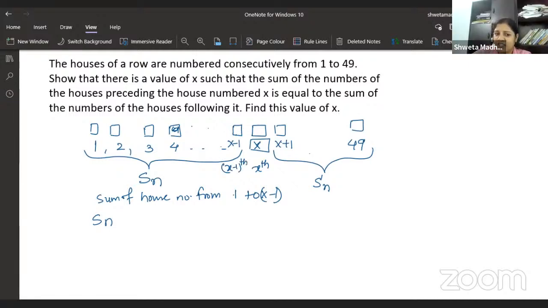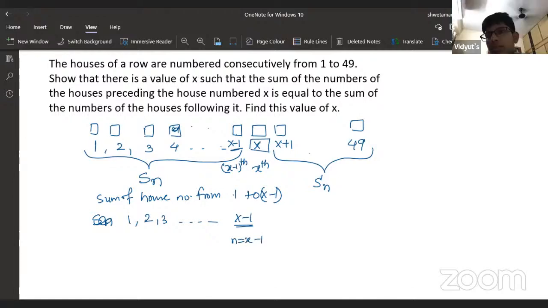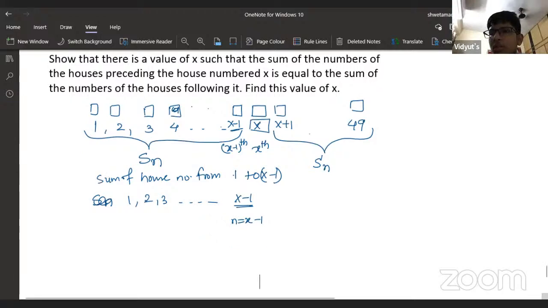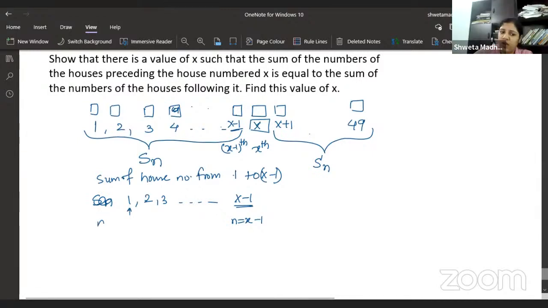So consider this AP, 1, 2, 3 till x minus 1. What is the position n of this? n is equal to x minus 1. n for this is 1, for this is 2, for this is 3, so n for x minus 1 will be x minus 1.